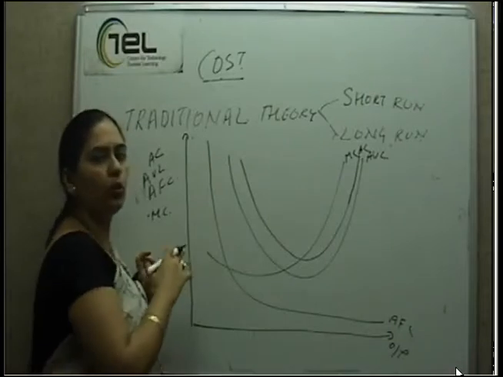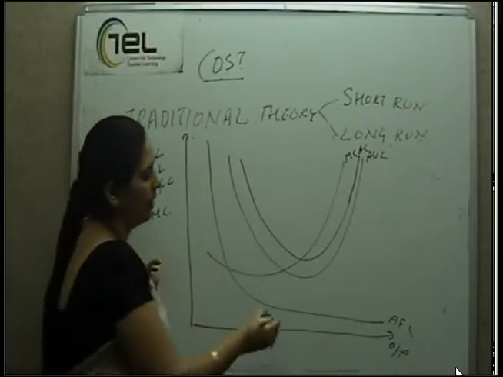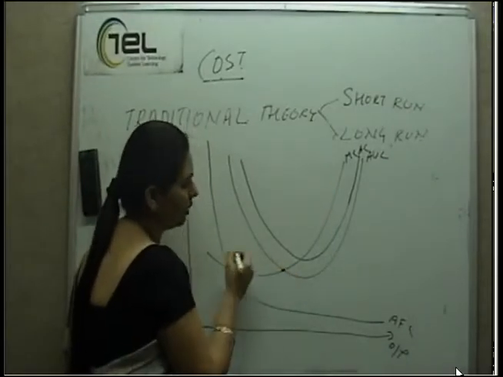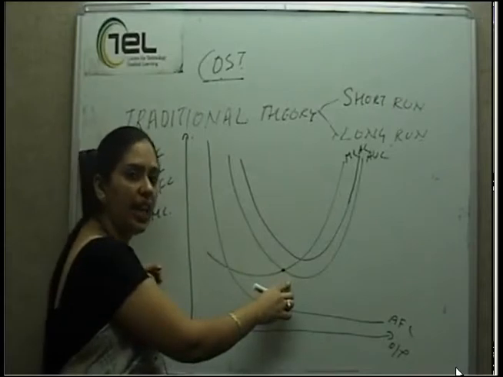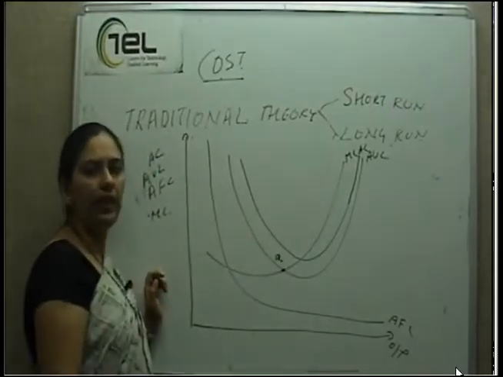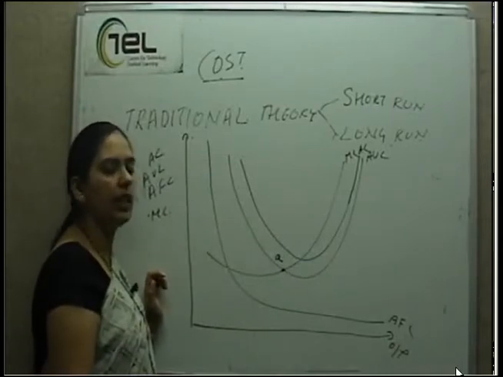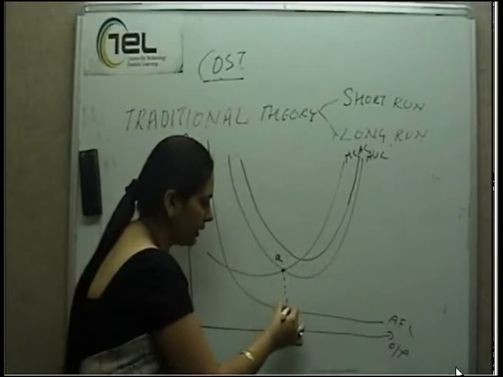Now I would like to divide this whole diagram into 3 stages. The first stage would be drawn with the help of the point where MC cuts AVC. I will name it point A and extend a line to the x-axis.